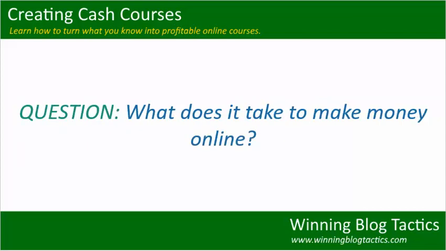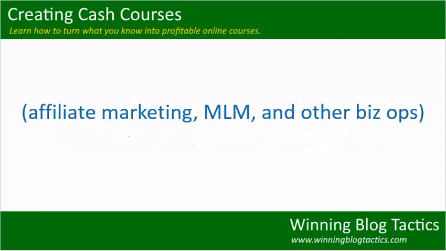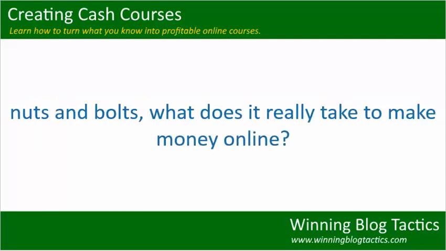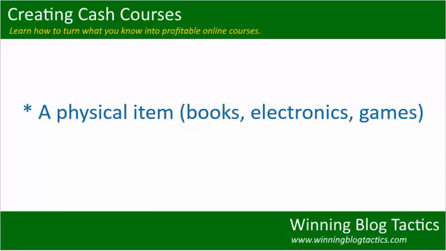Question: what does it take to make money online? When you think of the many different ways people claim to make money online, whether it's affiliate marketing or MLM or any other biz op, nuts and bolts, what does it really take to make money online? First, it takes a product to sell, and it can be a physical item, whether it's books or electronics or games.